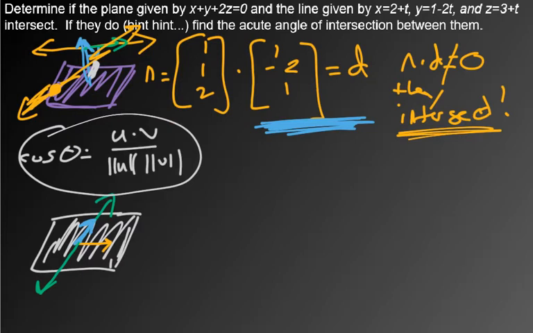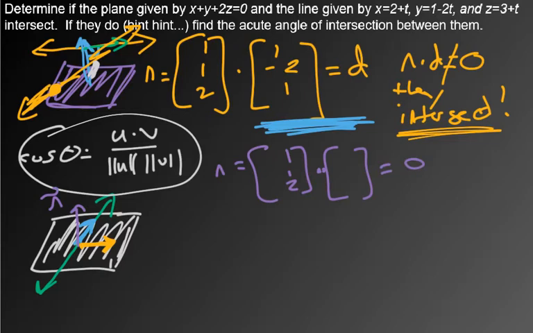The only thing we don't have is this yellow vector right here. But since it's a direction vector for the plane, it has to be perpendicular to the normal vector, which we have. So what vector dotted with the normal gives 0?